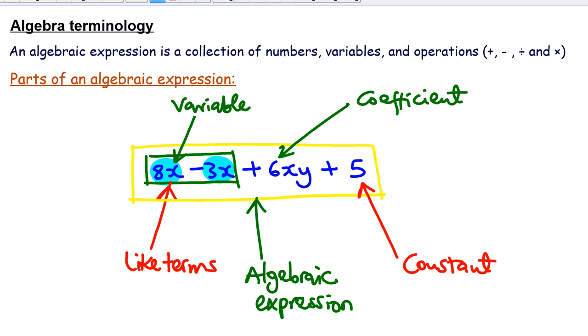Another thing I want to say is terms. Terms are combinations of constants and variables. So all these here are terms: 8x, negative 3x, 6xy, and 5. This expression has 4 terms.